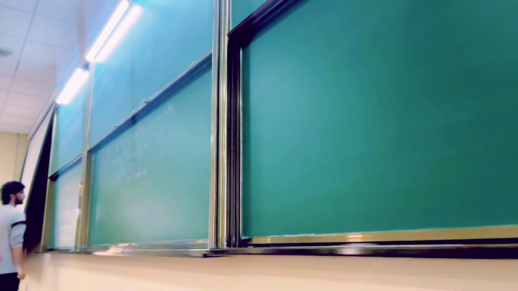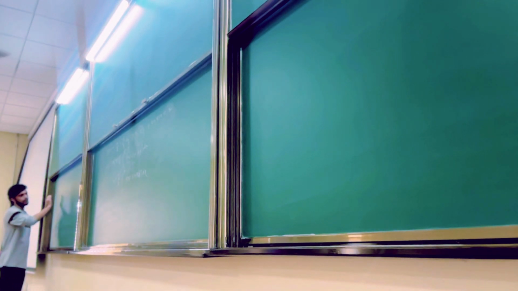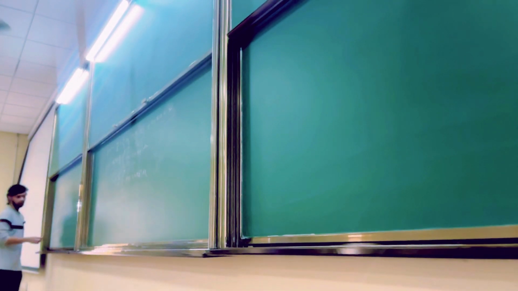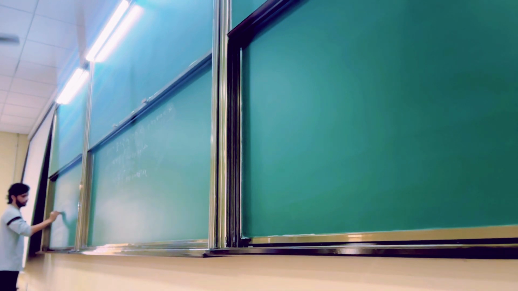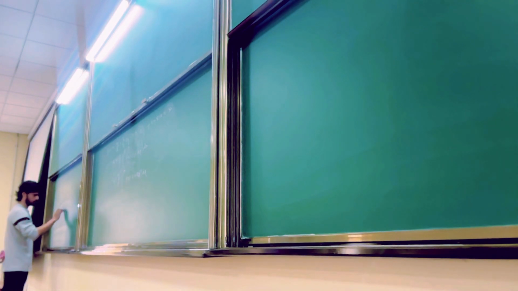So come to this. Fx is this, and we have to find first an and then bn. So what is an? Find it. This is very easy. Let me know what is an. Fx into cos nx dx.